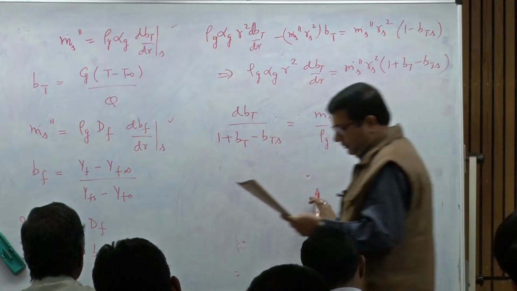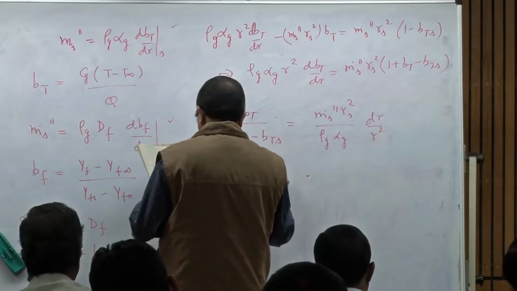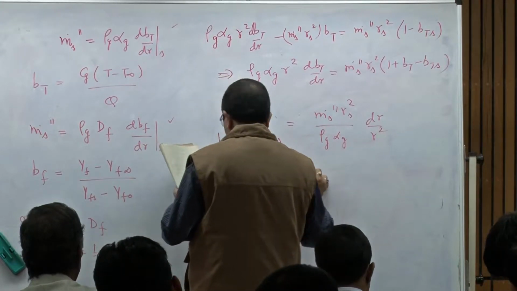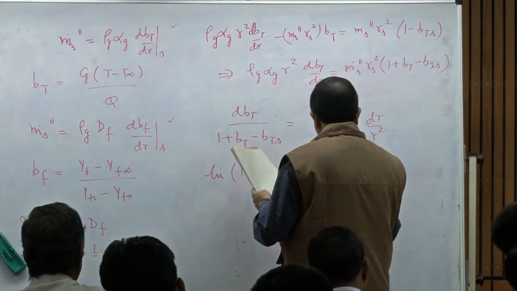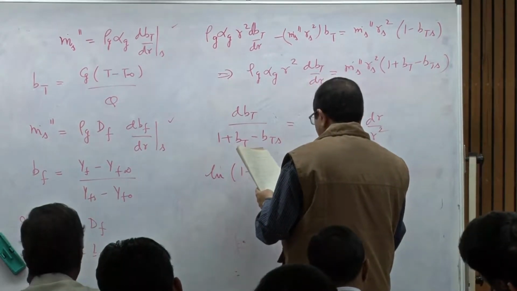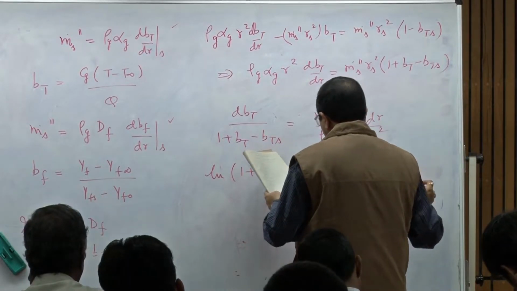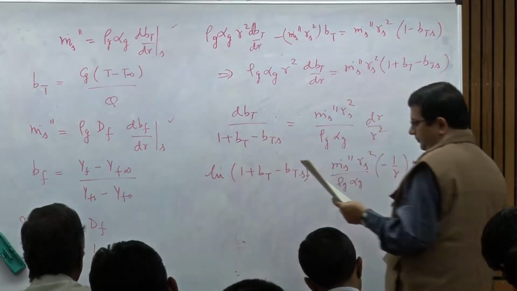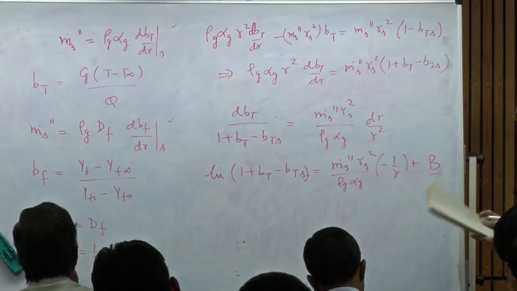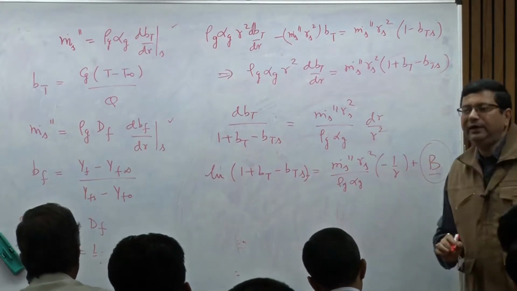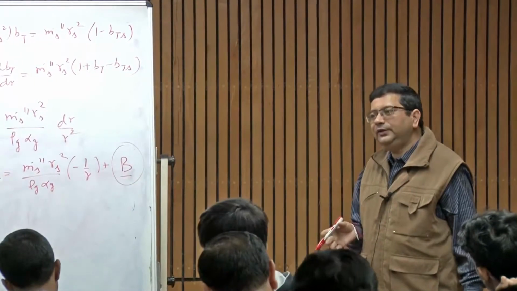Now, let us integrate this. We get a constant B. Now, we have to estimate the value of this constant. One constant we have estimated by putting the conditions at the surface.